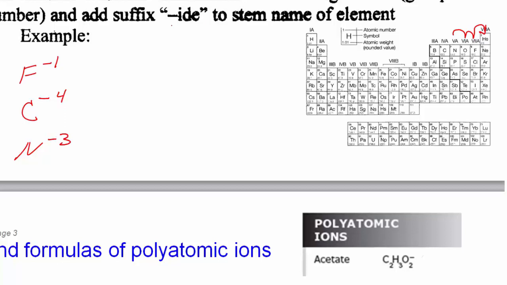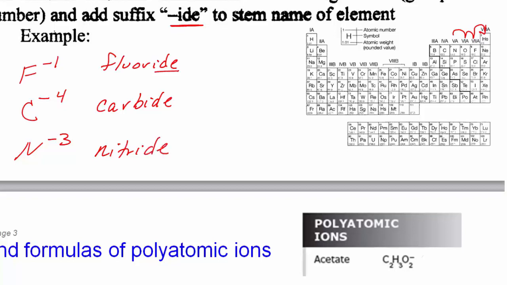You pretty much add "-ide" to the end. So instead of writing fluorine, you'd write fluoride. Instead of writing carbon, you'd write carbide. And for the nitrogen anion, not nitrogen, but nitride. So that's how you write the single atom anions.